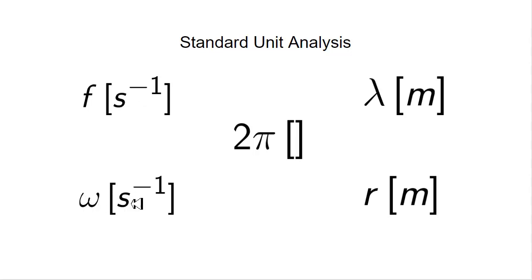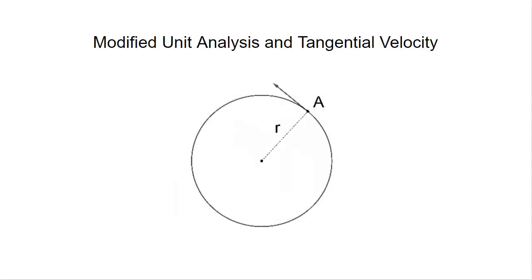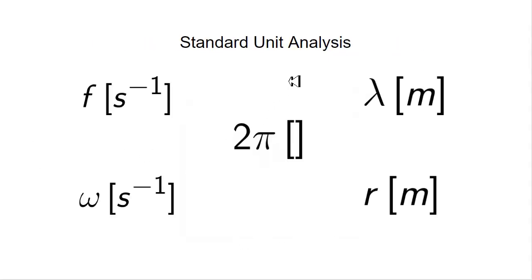Angular frequency also has the units of hertz, which is s to the -1. Lambda, which is wavelength, which is also the circumference of the circle, in standard unit analysis has the units of the meter, and radius as well has the units of the meter.